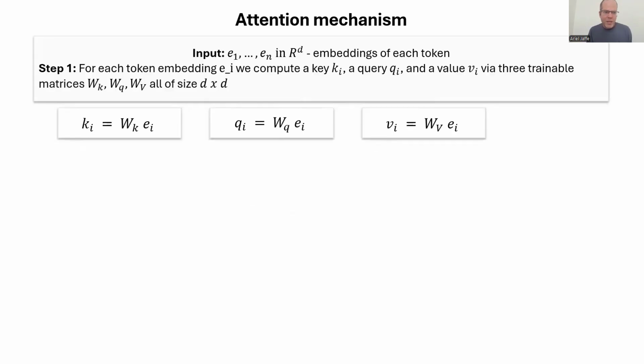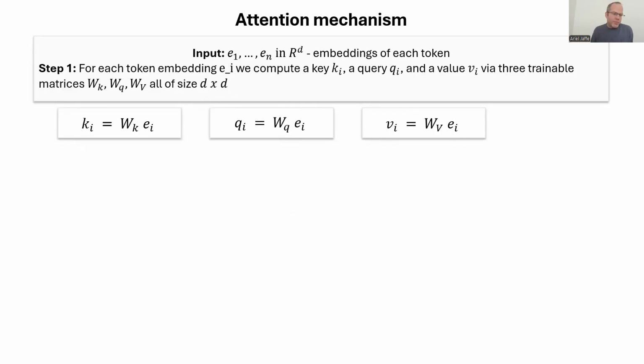And now we go back to where we started. So we have, by this point, a set of inputs. These are the vector embeddings of the different tokens in some dimension, which is denoted by D. And what we do now is we compute for each token a key, a query, and a value. And this is done by three matrices, usually square matrices.